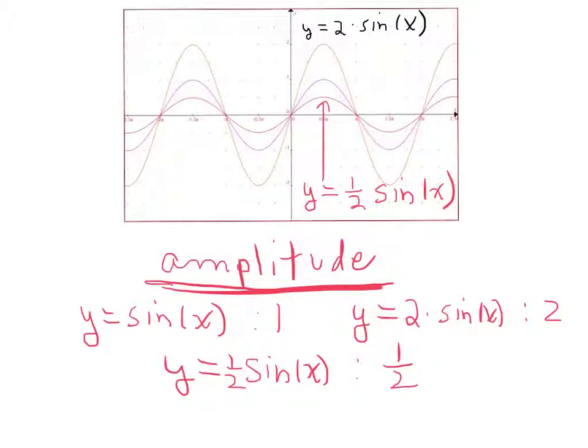And it's pretty simple. What we're doing there is changing the range. The range of sine of x is -1 to 1, but the range of 2 sine of x is -2 all the way up to 2, and the range of 1/2 sine x is just right here, -1/2 to 1/2. Okay, so let's keep going.